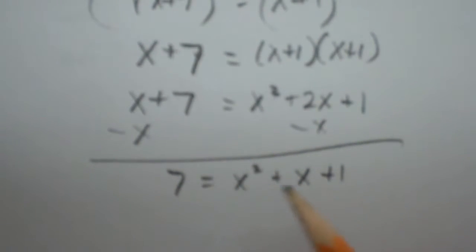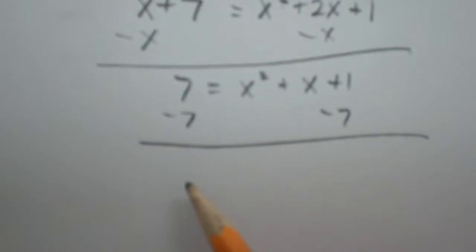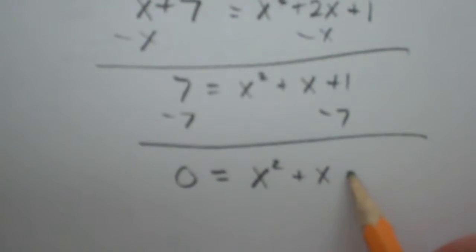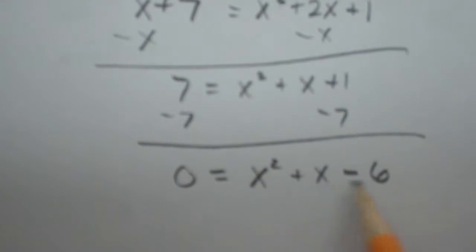And now we have to get this equal to 0 still, so I have to subtract 7 from both sides. We get 0 is equal to x squared plus x. 1 minus 7 is negative 6. So we have x squared plus x minus 6 is equal to 0.